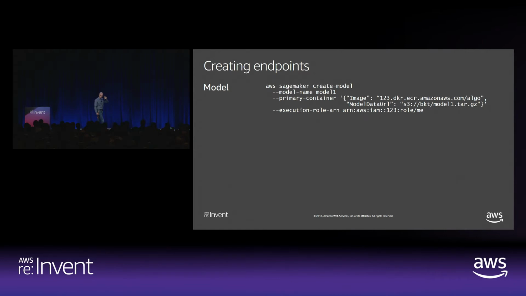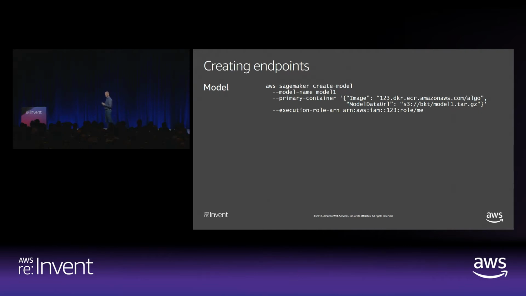OK. So let's dive straight in. Let's look at some code. This is the basic command that you will need to execute to create a model in SageMaker. You have to say, I want to create model 1.